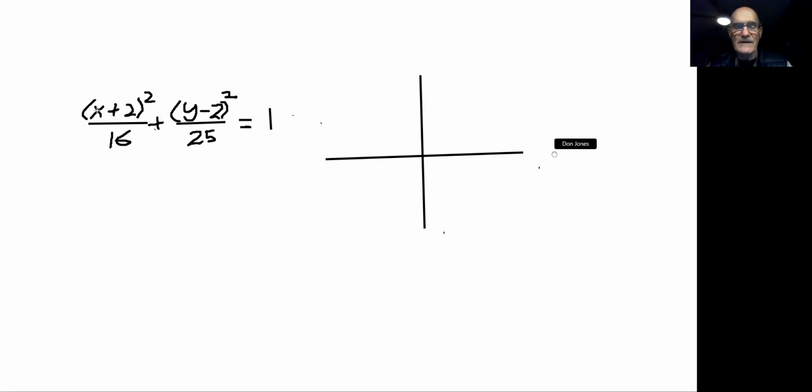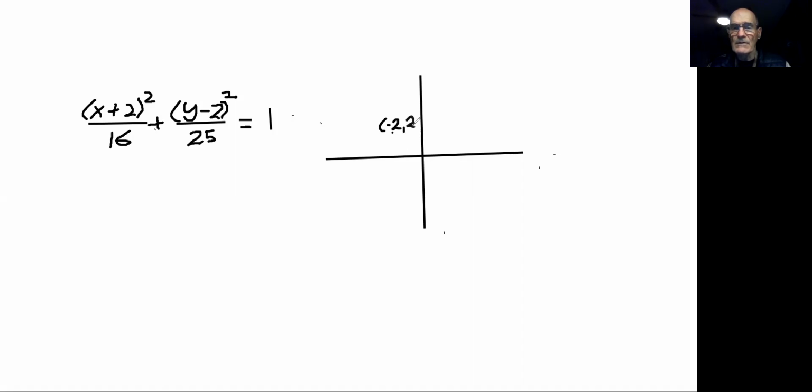It's opposite because if I said x plus 2 equal to 0, I would get minus 2. And this right here is 2. So the center is located at minus 2 and 2. So this is the point here, which is minus 2 and 2.